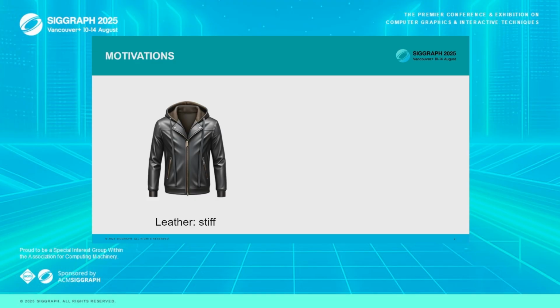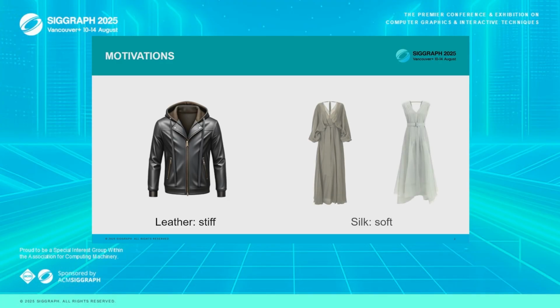So a lower resolution mesh is sufficient for simulating it. On the other hand, silk fabric is much softer and tends to generate fine wrinkles, which means it requires a higher resolution mesh to capture fine details accurately.